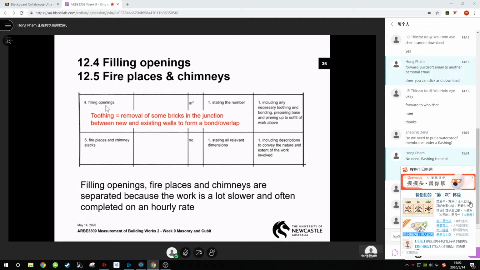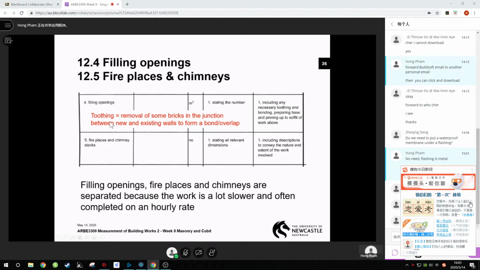What filling up openings is, for example, if you have a door opening, but now you want to convert that door into a wall. Basically, in other words, you cover a door opening. So you will just build a wall in between the door opening.